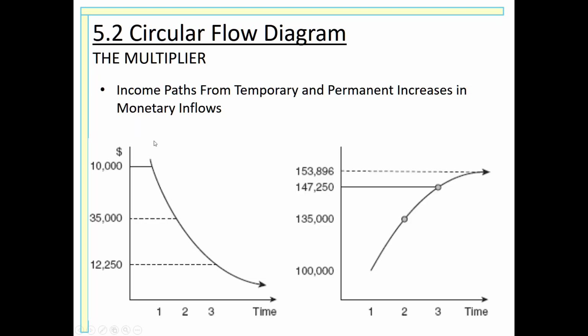This is the income path. This is the first example. There's a mistake here in the figure. That should be $100,000, but then it goes down over time. On the other hand, if I have $100,000 every year, it keeps going up and up.